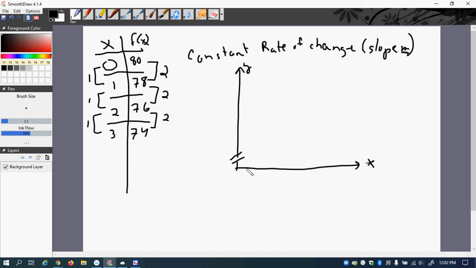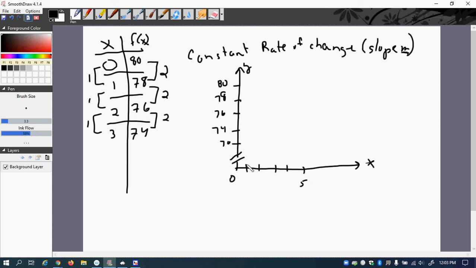So I'm going to say this starts at about 70. So this is 70, 74, 76, 78, and then 80. That way I don't have to go all the way from 0 up to 70. And then I'll go over to, let's say, 5: 1, 2, 3, 4, 5.